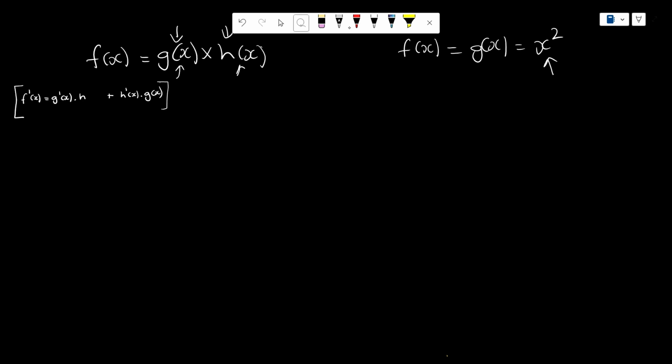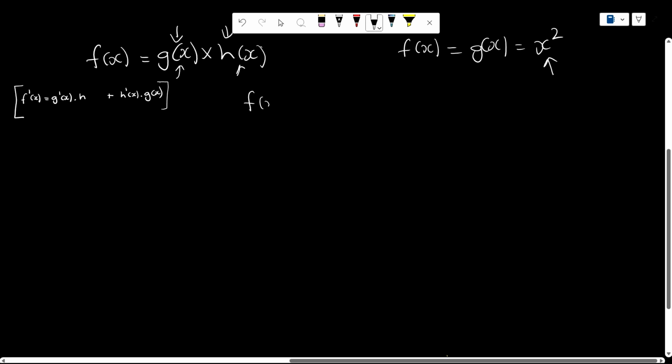Now let us look at an example. We will use this formula as our reference. Let's say we are given f x is equal to 2x cubed plus 3x squared times x squared minus x, right?